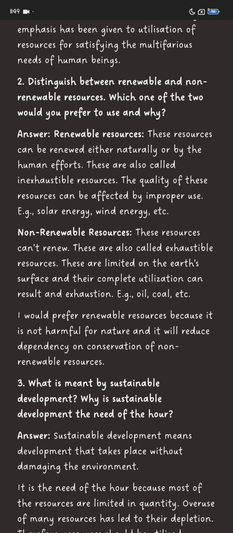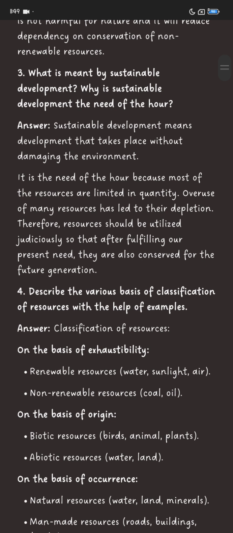These are also called exhaustible resources. These are limited on the earth's surface and their complete utilization can result in exhaustion. For example, oil, coal, etc. I would prefer renewable resources because they are not harmful for nature and they will reduce dependency on non-renewable resources. Number 3. What is meant by sustainable development? Why is sustainable development the need of the hour?